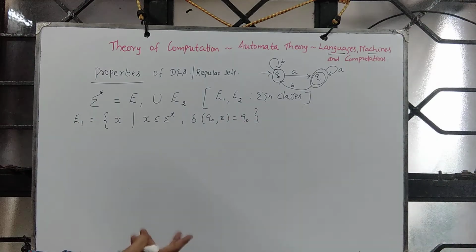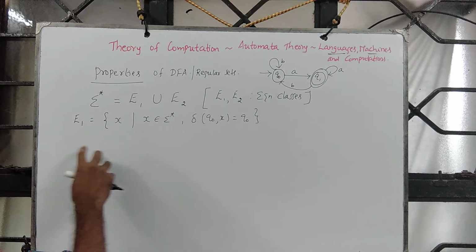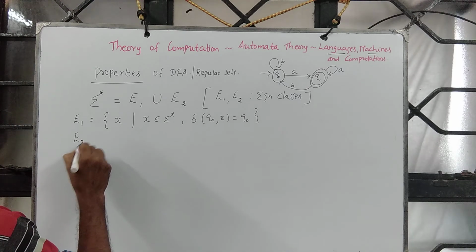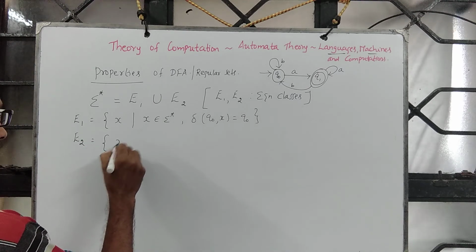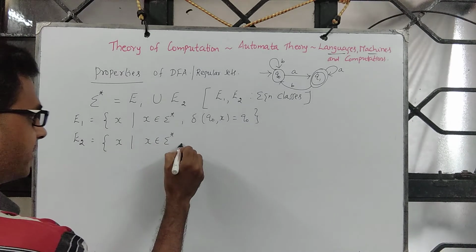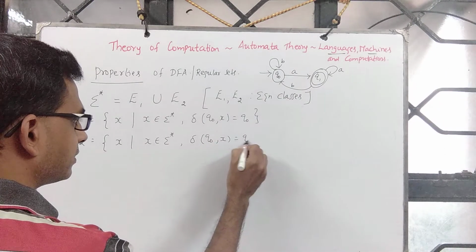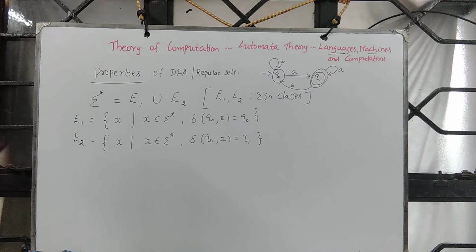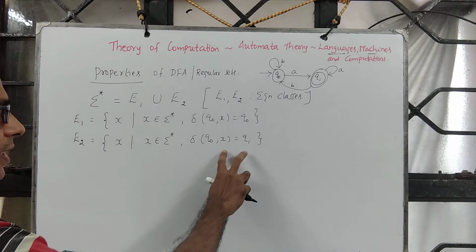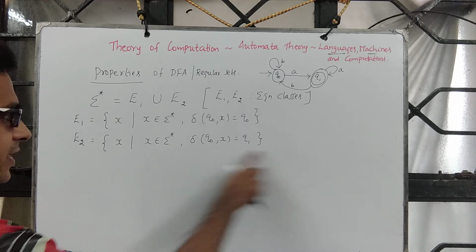Which means it is a set, and here is the definition. Similarly, E2 is all those x such that x belongs to sigma star and delta of Q0 comma x is Q1. When we say all those x comma y such that their output value is Q1, it is precisely this set.